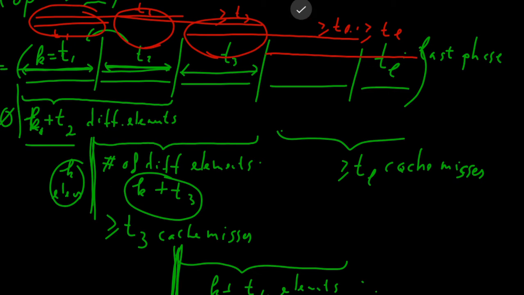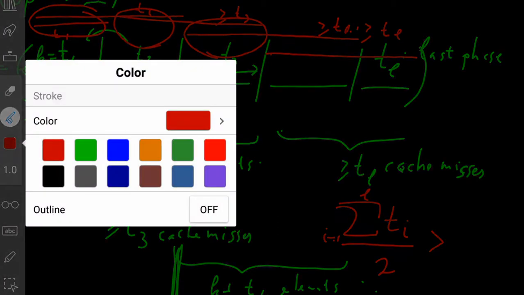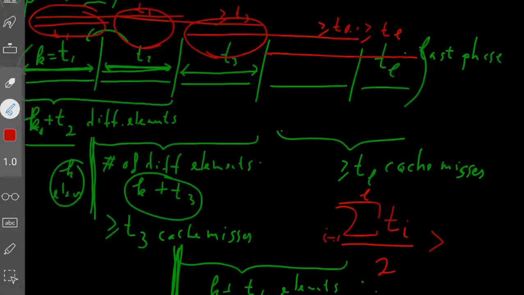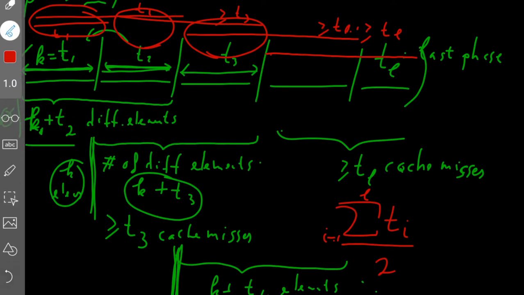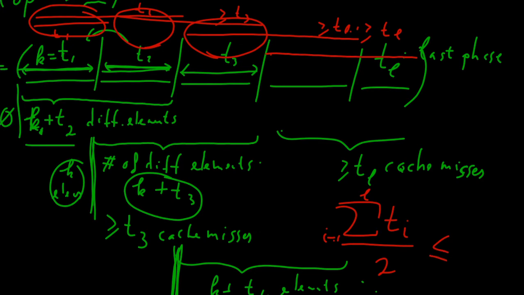So if I sum these TIs, where the sum goes from i equals 1 to L, and divide it by 2, it's a lower bound for the cost of any algorithm, so it's a lower bound for the optimum value, right?